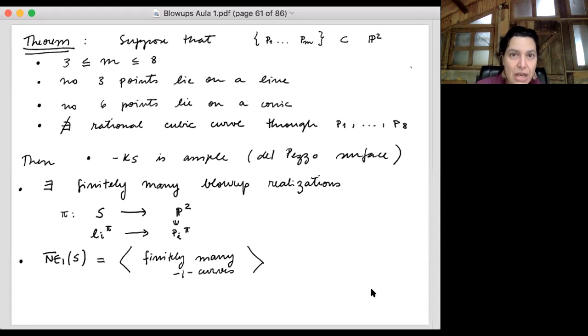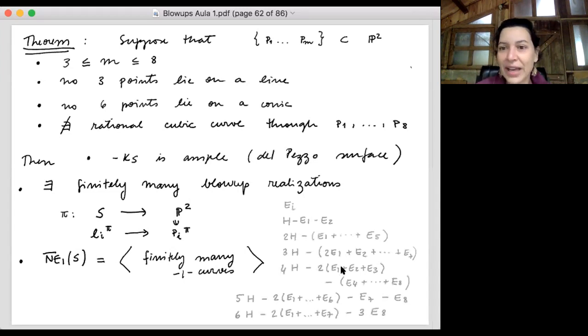So this is the first case that I explained, the case when we have finiteness. At most 8 points, then the anticanonical class is ample, there are finitely many blow up realizations as a blow up of P2 in the points, and there are finitely many -1 curves. And this is classical again, you can even write down what the -1 curves on this blow up are. So let me just go through the list very quickly here.